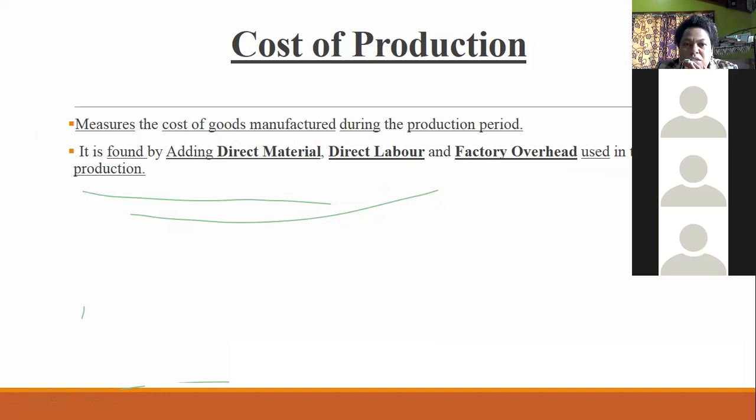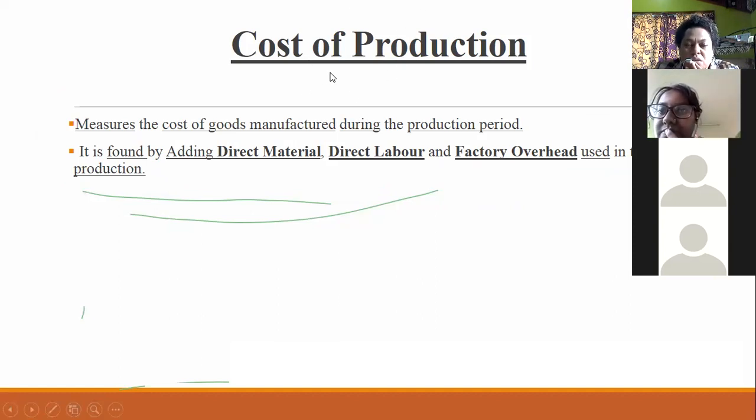Then we look at what is cost of production. Keep in mind, cost of production. This is what we try and calculate while preparing the manufacturing statement. That is something new that we are going to prepare, a manufacturing statement.